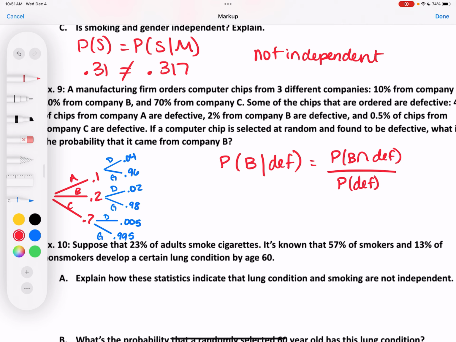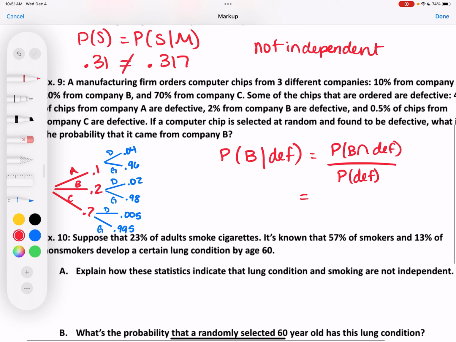All right, so this one's very different in how we set it up comparatively to the other ones. So B and defective is just going to be 0.2 times 0.02 for that part, because that's going to multiply and give us the defective from B. So the top is going to be 0.2 times 0.02.